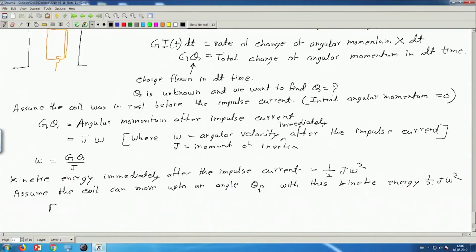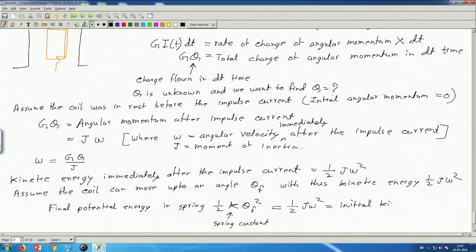So, the final potential energy in the spring will be equal to half k, where k is the spring constant, multiplied by the angle theta f square, and this should be equal to half J omega square, which is the initial kinetic energy.